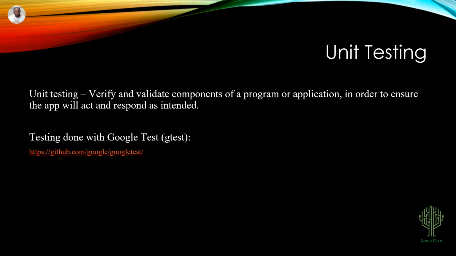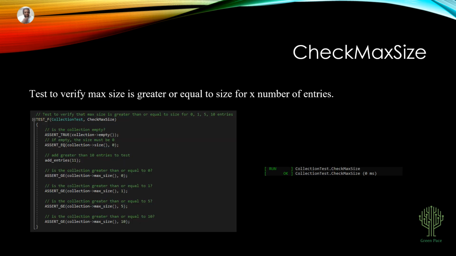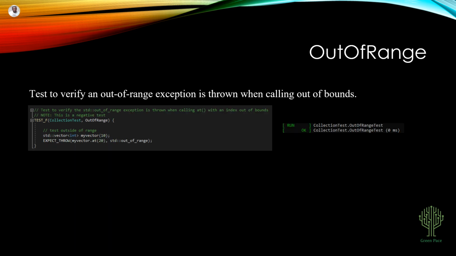I've shown 6 examples of unit tests used during this process. The second unit test is to verify an out of range exception is thrown when calling out of bounds.